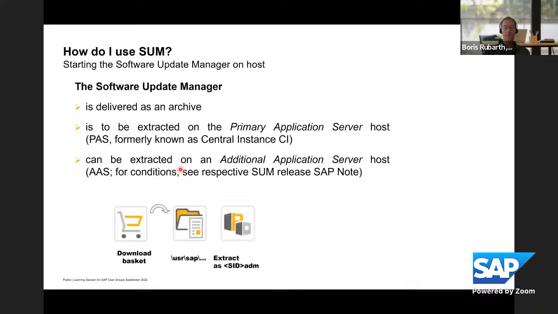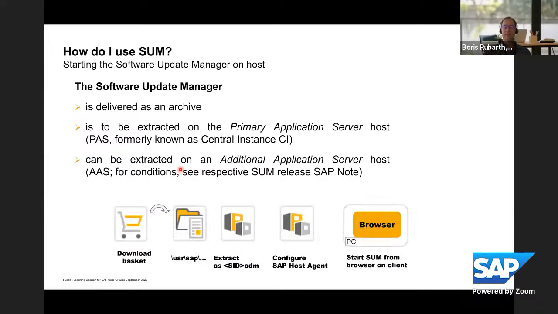You extract it with the user <SID>adm. You will have to configure the SAP Host Agent that is anyhow running on that application server host, because the host agent is relevant for the communication, as we will see. And then you start the Software Update Manager from your client, from your PC.